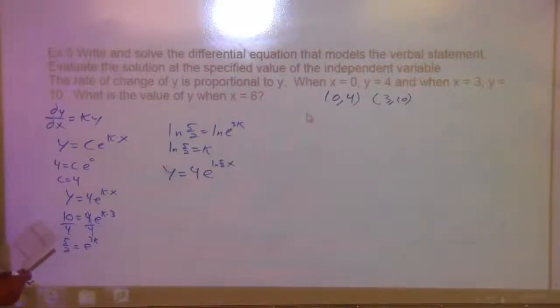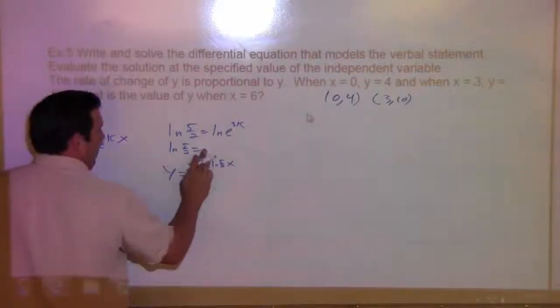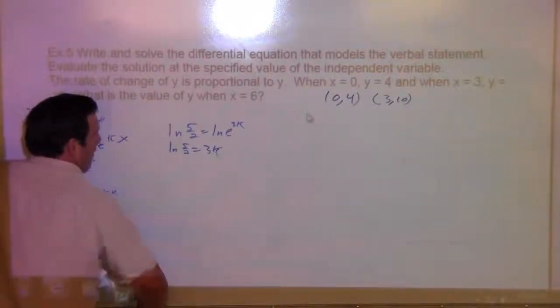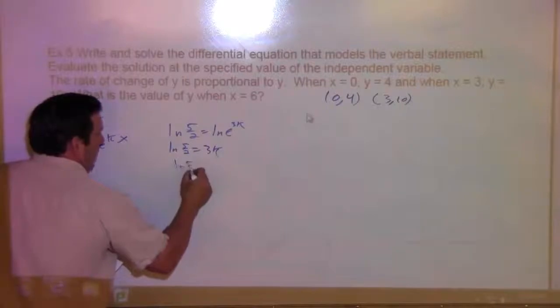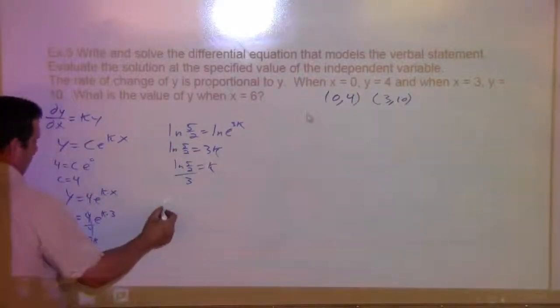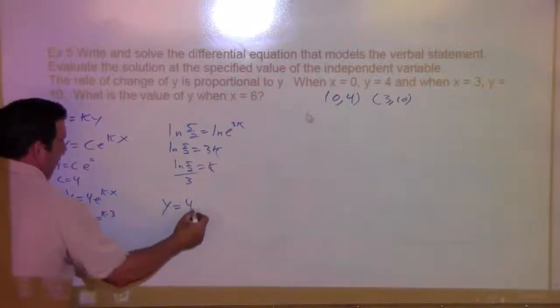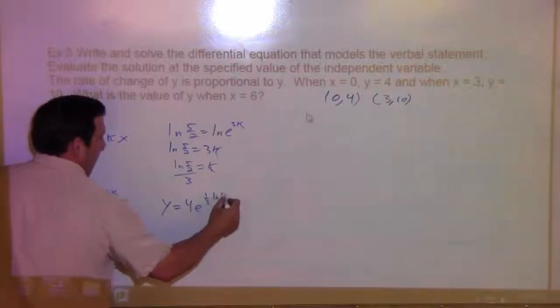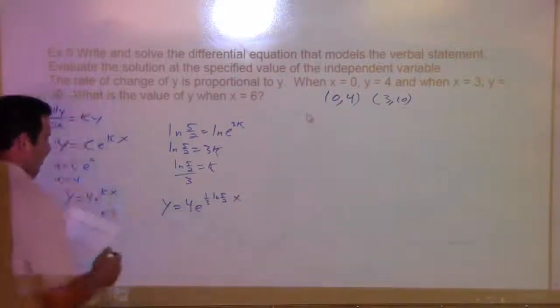I forgot my 3. I did forget a 3, because that's equal to 3k. So the natural log of 5 halves over 3 equals k. Now we can put this back in. y equals 4e to the 1/3 natural log of 5 halves times x.